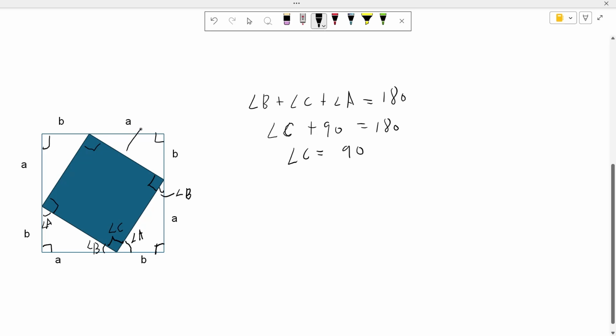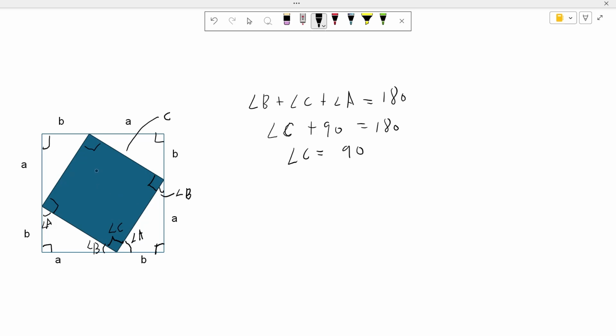Let's call this side, one of the sides here, C. So, the reason we've found this angle to be 90, the consequence of that is this has turned out to be a square as well with side C. So now what we can do is write an expression for the area of the largest square, and we can do that two different ways.